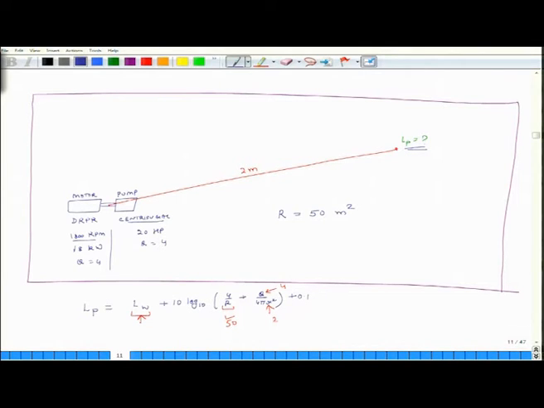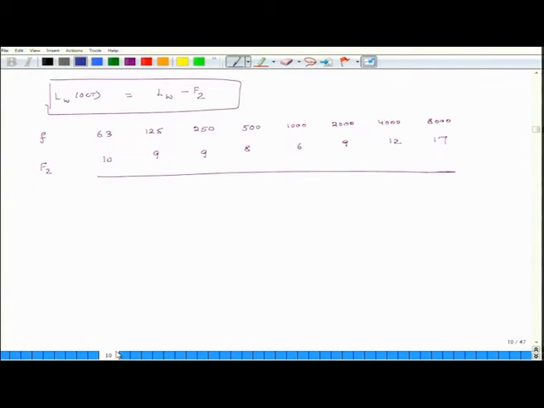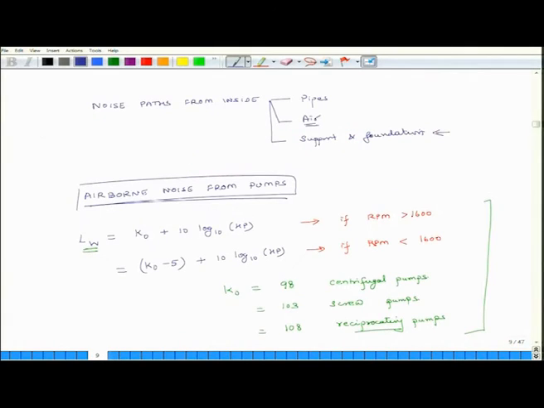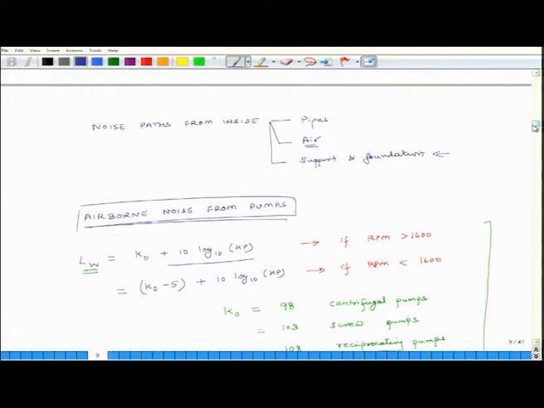So, we will use this relation, the first one, K naught plus 10 log 10 of horsepower, and the value of K naught will be 98, because it is a centrifugal pump.